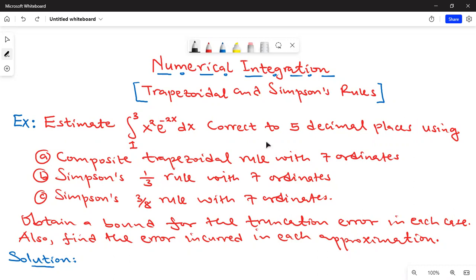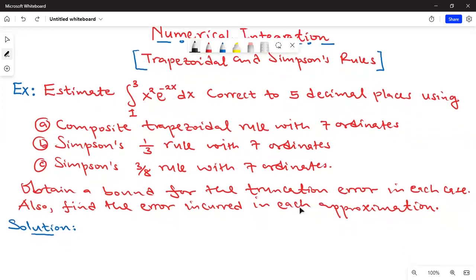We are asked to estimate the integral from 1 to 3 of x squared times exponential negative 2x dx, correct to 5 decimal places, using part A, composite trapezoidal rule with 7 ordinates; part B, Simpson's 1/3 rule with 7 ordinates; part C, Simpson's 3/8 rule with 7 ordinates. Obtain a bound for the truncation error in each case. Also find the absolute error incurred in each approximation.